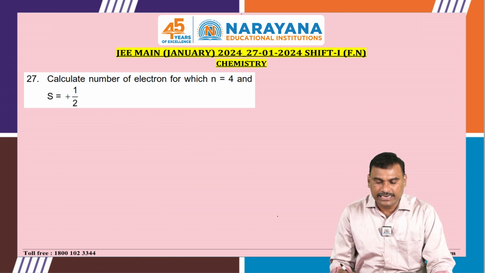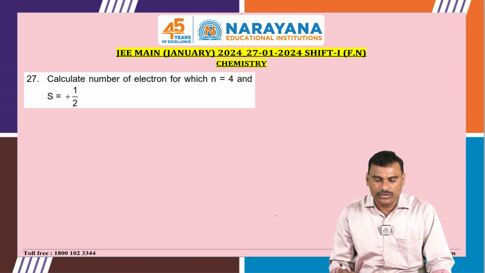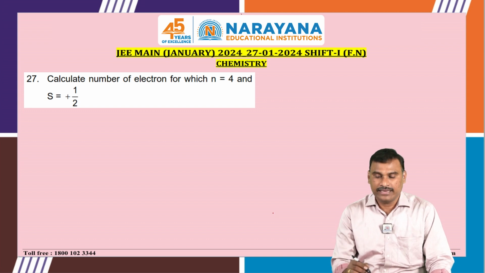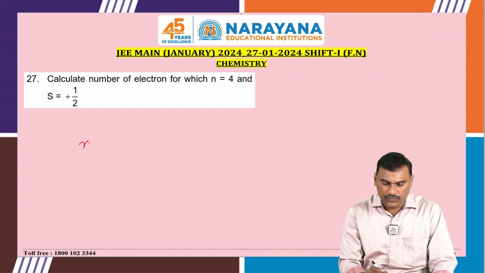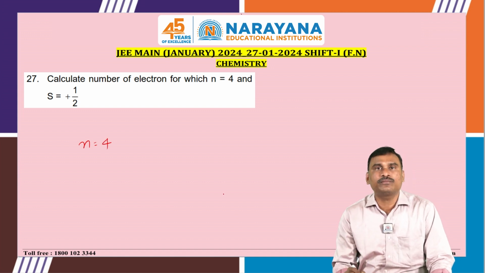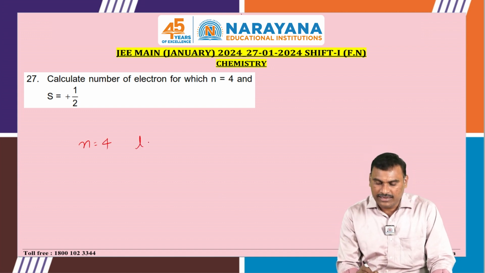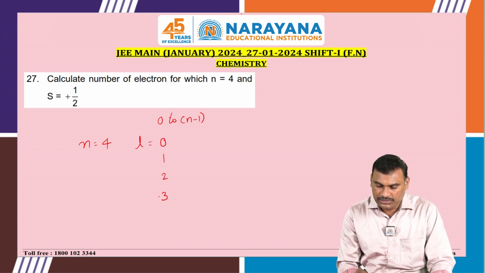Question 27: Calculate the number of electrons for n equal to 4 and s equal to plus half. It belongs to atomic structure. N equal to 4 means the 4th orbit. The possible l values are 0 to n minus 1, that is 0, 1, 2, 3.